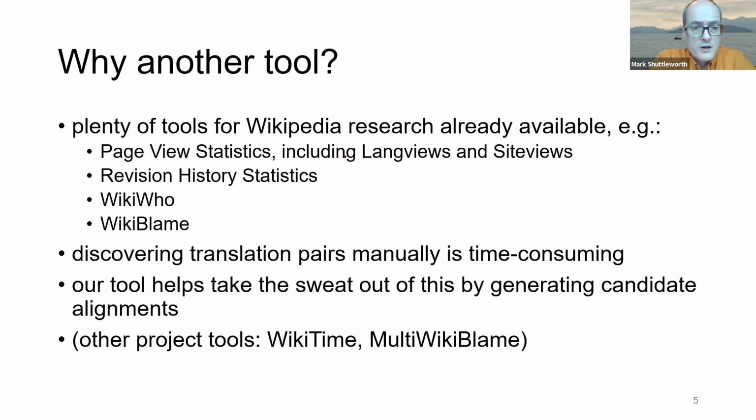And then there's one, once again accessible via the edit history page. It's called Wikiblame, and we use Wikiblame quite a lot. It allows you to find the first use of a particular word in the history of an article.